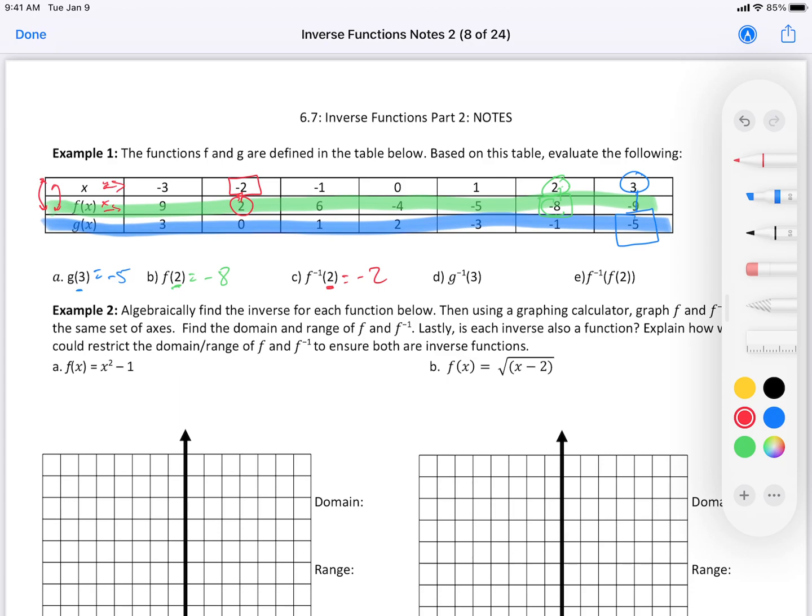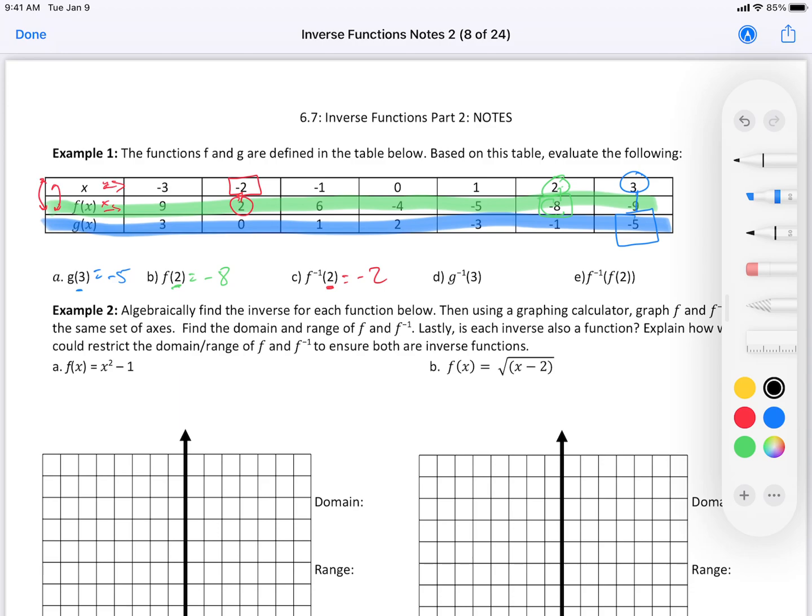Who can tell me what g inverse of 3 is? Anyone wager a guess? G inverse of 3.